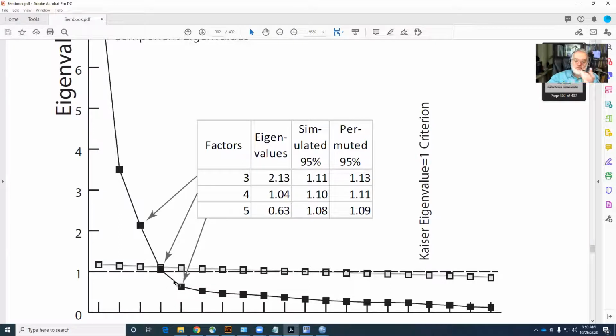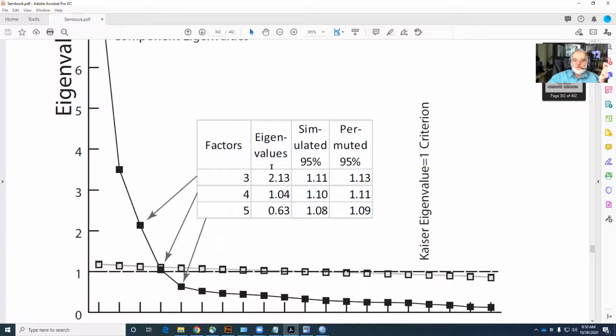So that should, in theory, break all of the correlations in the data. Well, you're still going to get some spurious correlations going on because of skew in the data. So the way you interpret it is you get these little boxes, and at the point where the eigenvalues for my random permutation are significantly above what I find in my data, I come back and say, oh, that's going to give me 4 factors.